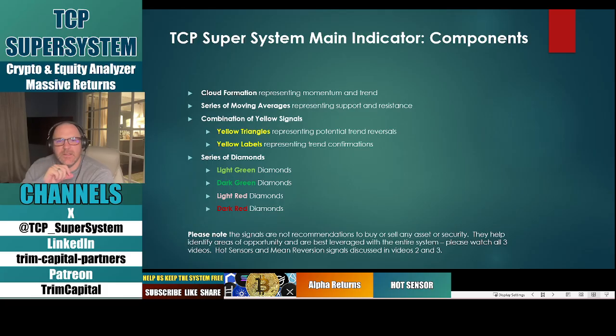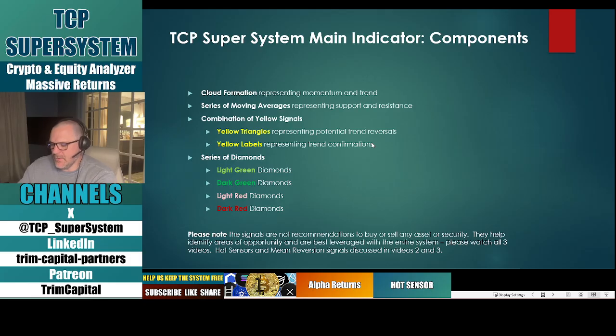Historically, when combined with some of the other indicators that we'll talk about, the dark green and dark red diamonds are our favorite signal, and historically have been the most opportunistic time for really considering what action you want to take. I will leave it at that, and we will show you plenty of examples.